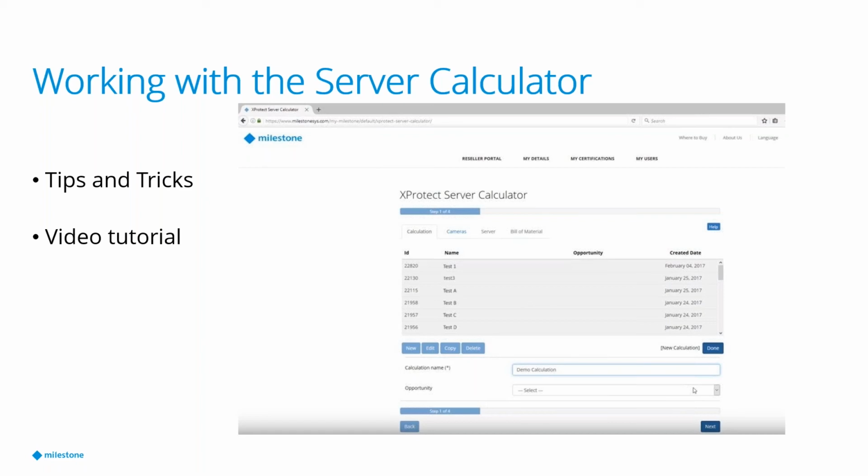The key here is that the bit rates need to be accurate. Good data in, good data out. So in this case, we recommend working with your camera manufacturer to figure out exactly what the bit rate is that you're expecting to see to the recording server based on the different camera and the different environment that it's going to be in.